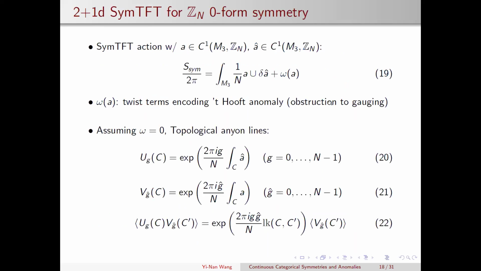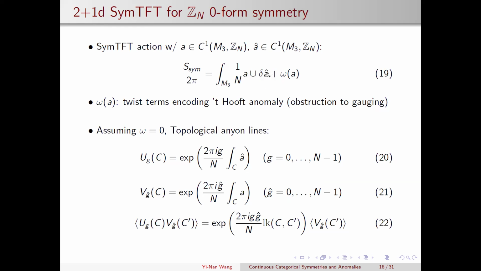For instance, for a 2D system, the SymTFT will be a 2+1D TQFT. For the Zn zero-form symmetry, we have a Lagrangian formulation of the SymTFT using Zn valued gauge fields.